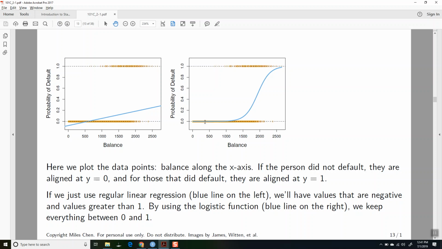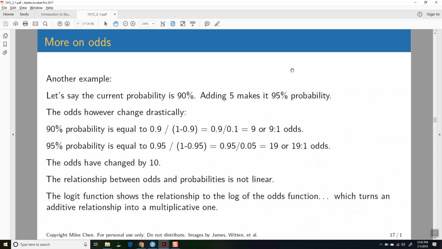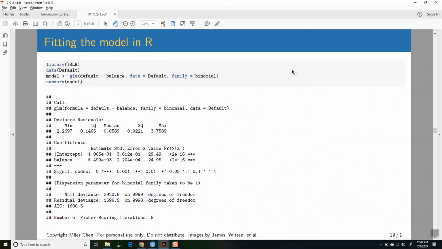However, in this zone, going from $1,500 to $1,600 changes a lot more. Going from $2,000 to $2,100 changes quite a bit. And then once you're at a certain point, adding $100 to your balance is not going to make a big difference. Your probability of default goes from like 0.99 to 0.997 or something like that, right?